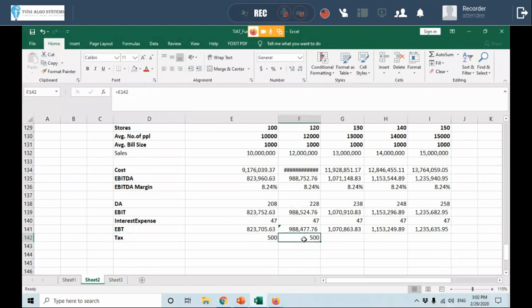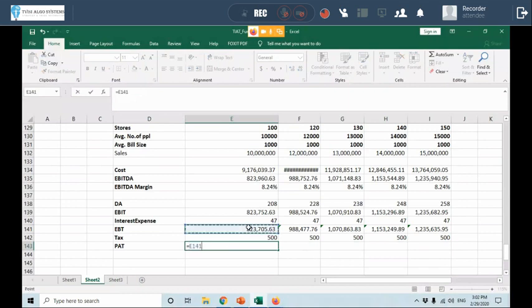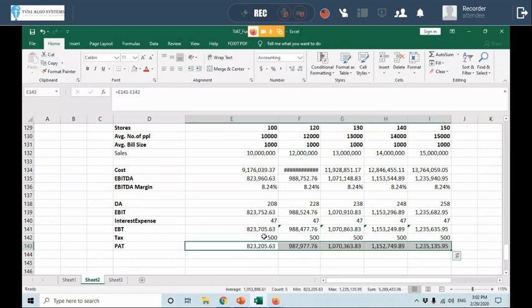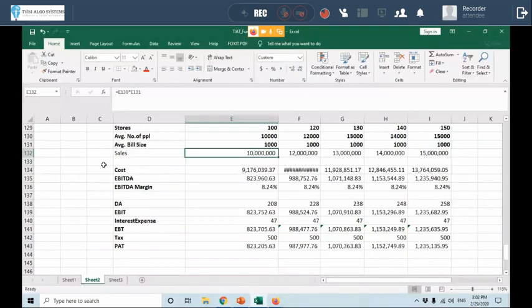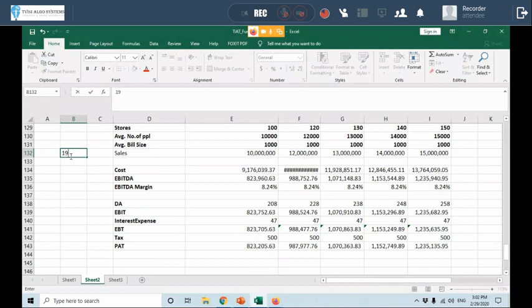Now I have my profit after tax, which is this minus this. So now what we can do, we can make this a real number. 19,916 crores.